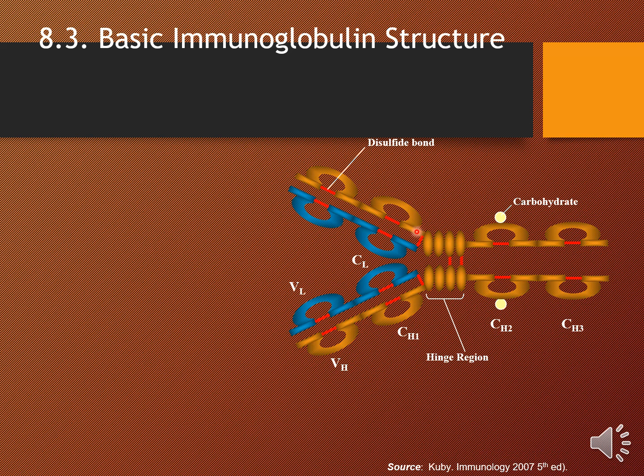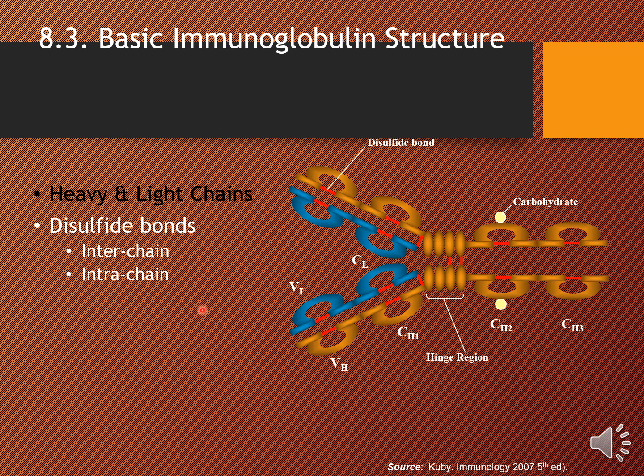They are connected to each other. Each of these structures is made up of carbohydrate, and these molecules are bound together by disulfide bonds, within the molecule and between the molecules.